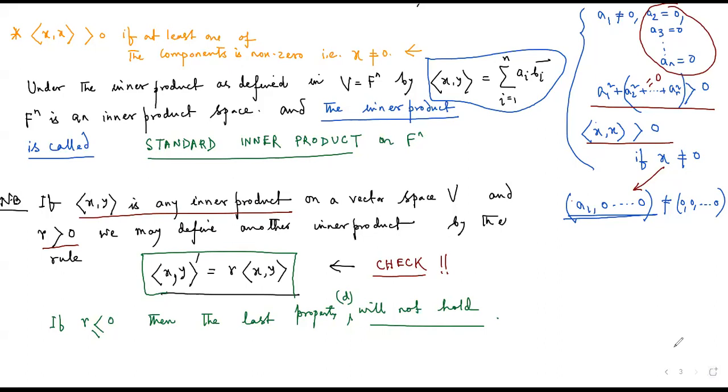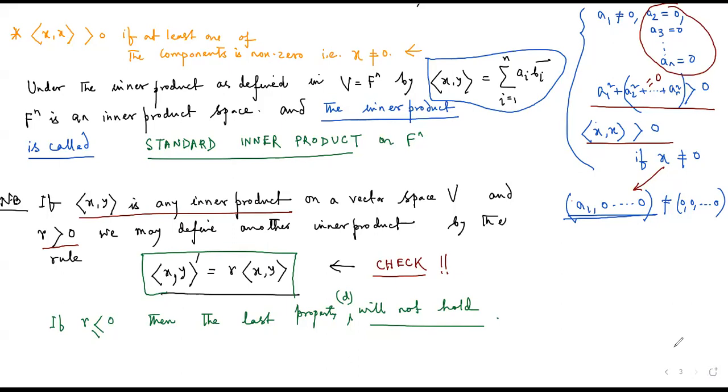Sir, this standard inner product function is different for different spaces. Yes, definitely. Today I have discussed the standard inner product. Tomorrow I am going to discuss another inner product, called the Frobenius inner product. This standard inner product is only for Fn.